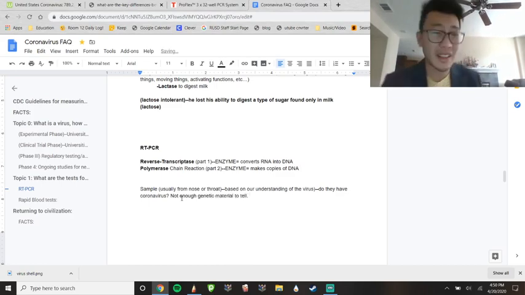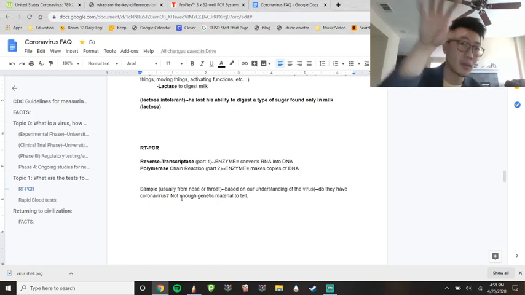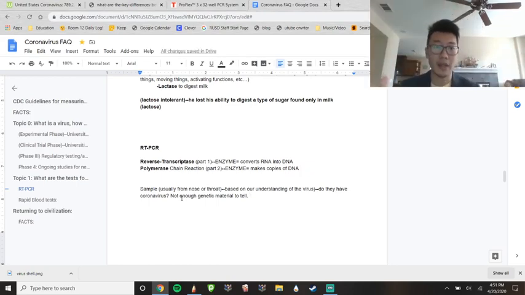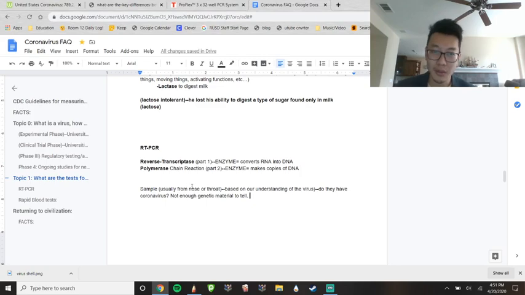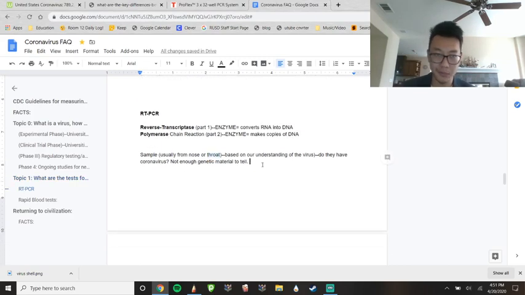The only way to get enough, if you're going to take directly from the source, is if you put a human inside a blender, blended it up, and then took out those parts. But then you would have a bunch of other useless things mixed in, and you wouldn't even be able to tell if you got the right stuff. We choose the nose and the throat because there's a high concentration of that specific type of virus.